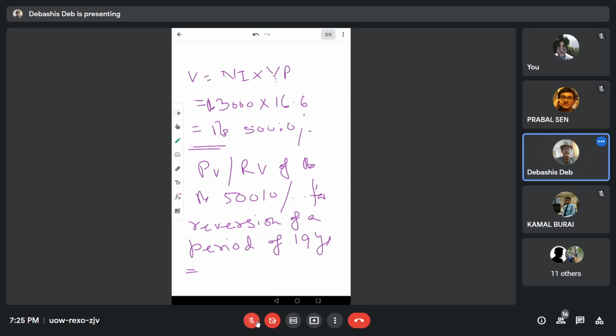It is 50010 into 1 by 1 plus i to the power n. This is the reversion value formula: 1 by 1 plus i to the power n.